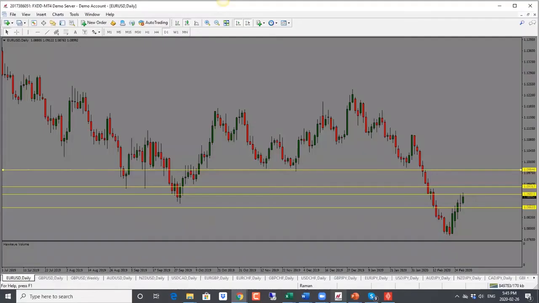So let's take a look at our charts here. We'll start off with euro dollar as usual. So with the euro here, we did see price go up today, but the candle close for the day is a neutral candle close. So what I'm looking for with euro dollar would be how it reacts to this resistance level.